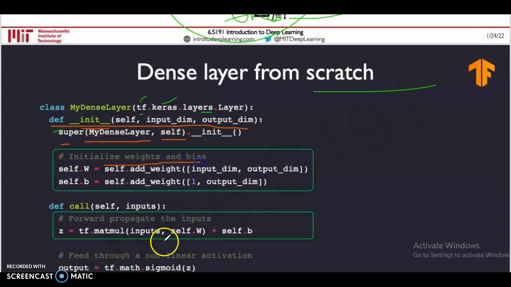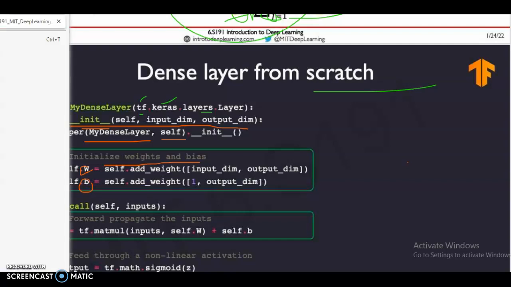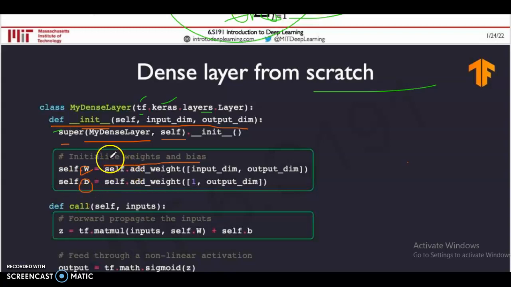Initialize weights and bias: self.W, and we also initialize the variable with W, self.add_weight of input dimension, output dimension. Here also self.add_weight, 1 comma output dimension.